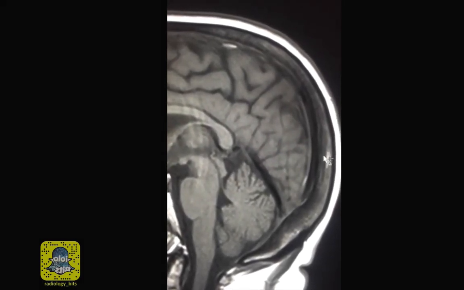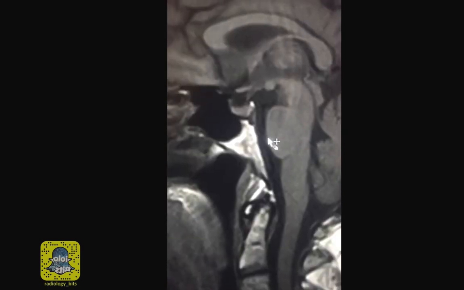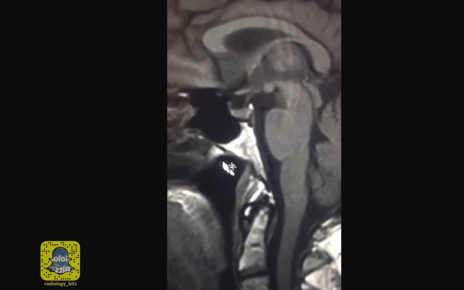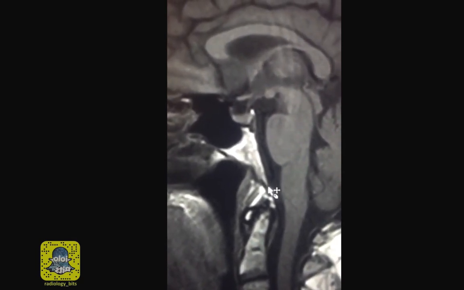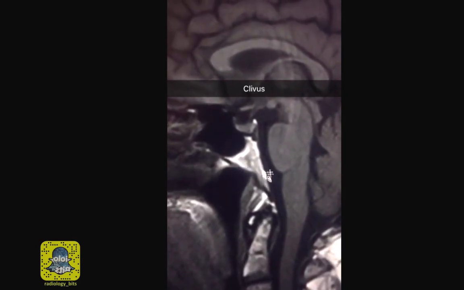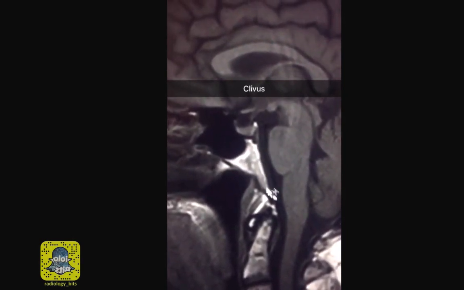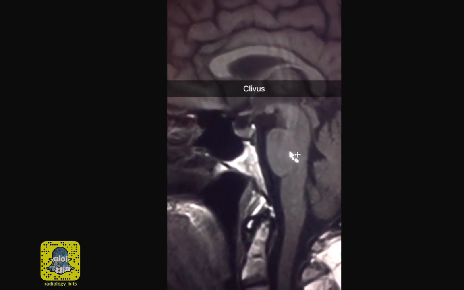The reason I show this is that it could be easily missed on a brain MRI if you don't think about it. A very good location to look at is this bone here that looks like a triangle. It's well seen on a sagittal midline T1. This bone has a fancy name. It's called the clivus. So this clivus is located anterior to the brainstem here.